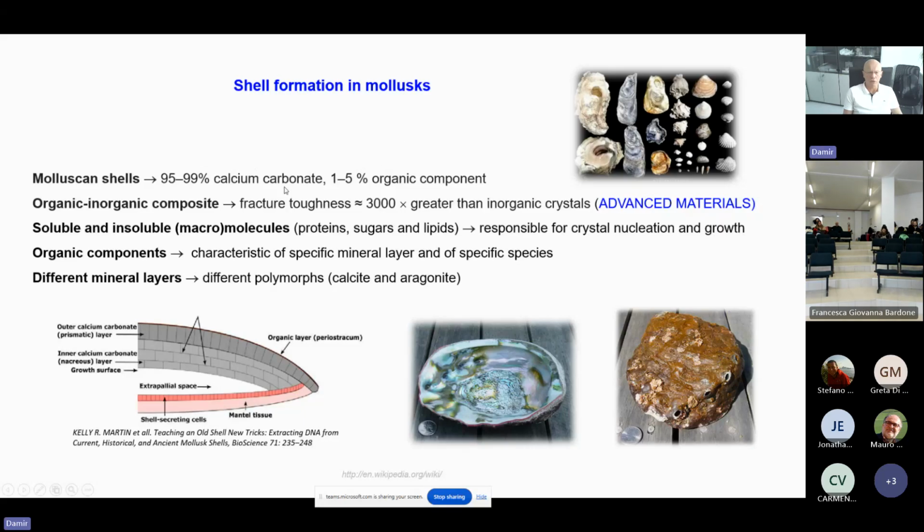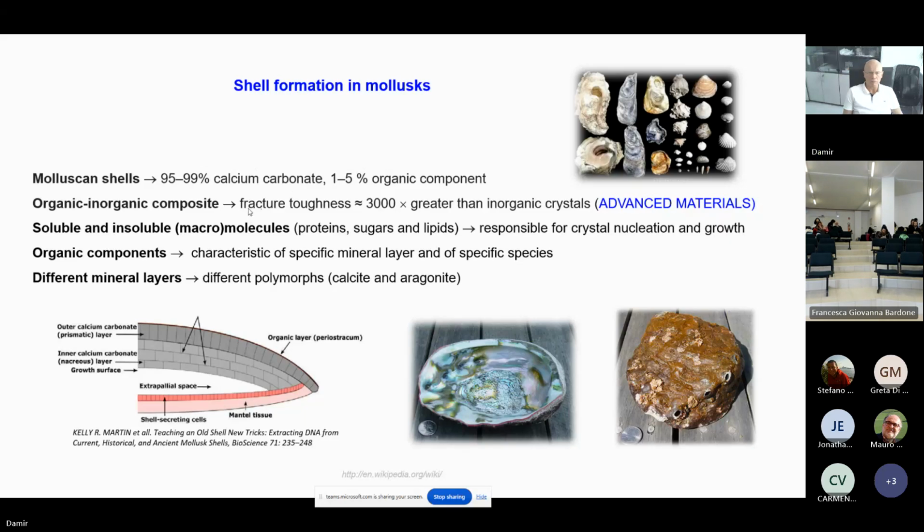This composite actually improves the fracture toughness, which could be even 3 times greater than for the respective analogous inorganic crystal. That is definitely something we can call advanced materials, particularly if we consider that it was produced at mild temperature, low pH, and so on.